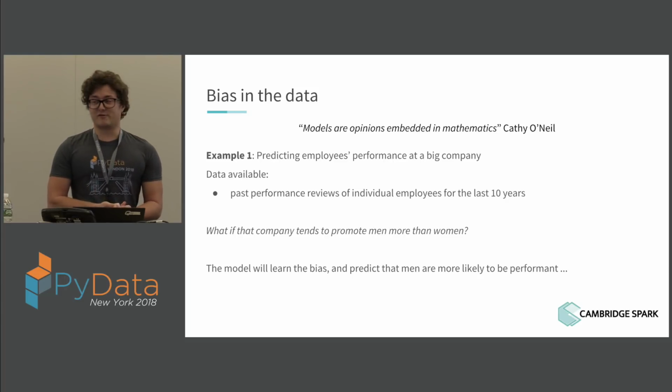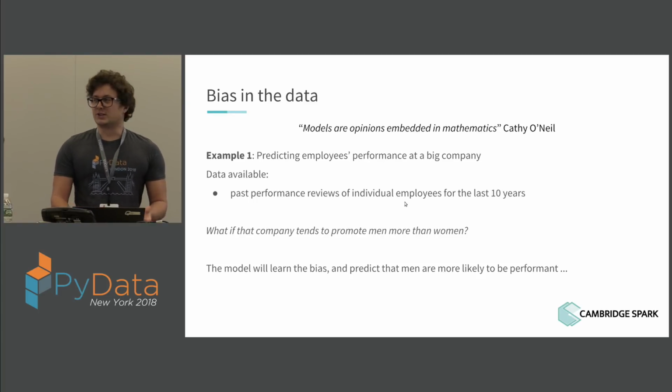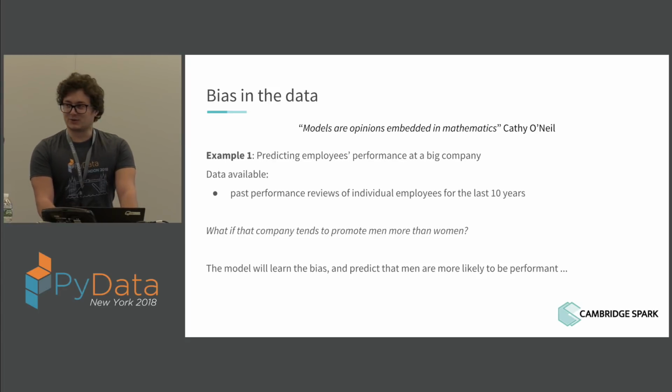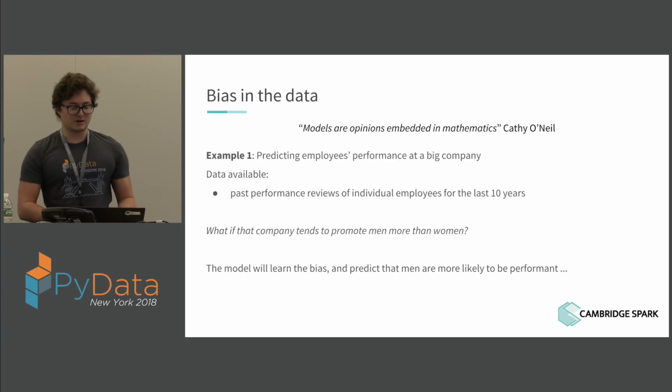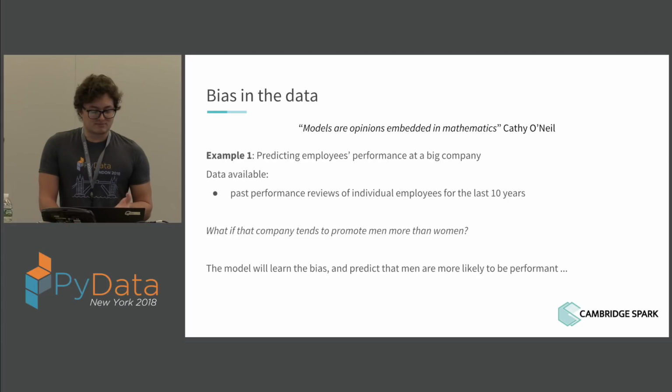Then those performance reviews will be more positive for men than women. And your model is just going to learn that. It's just going to do, if the employee is a man, then they're more performant. And you will just embed that bias into your model. And then when you're using it, you're just going to enforce that. So that's something really bad.